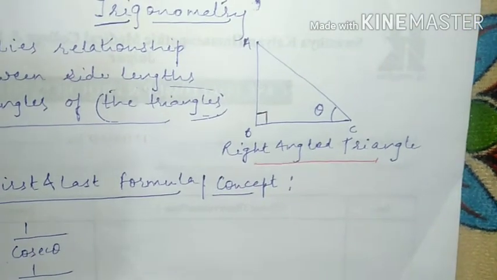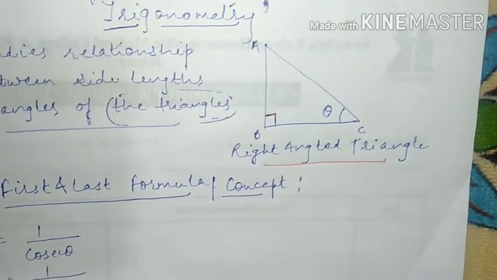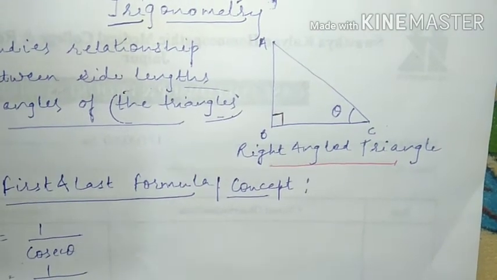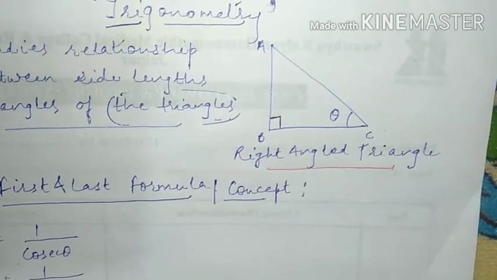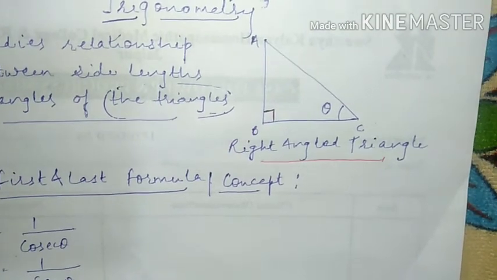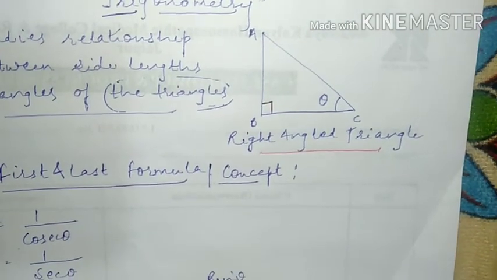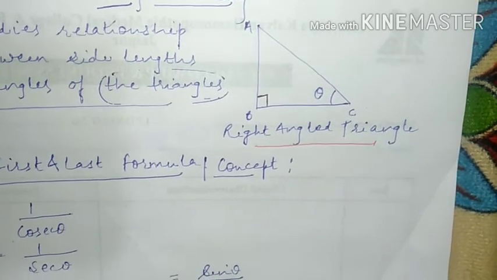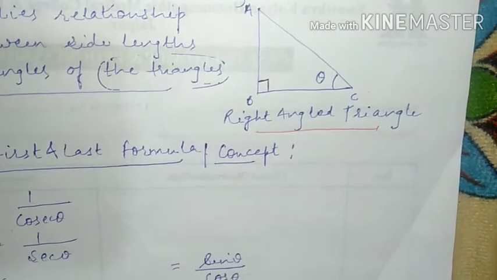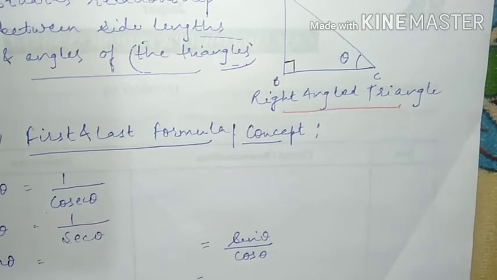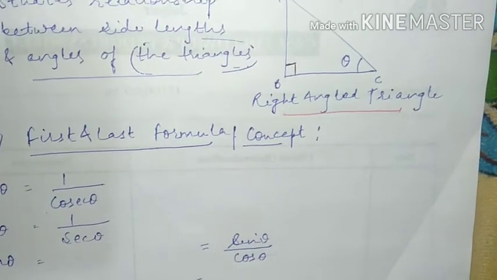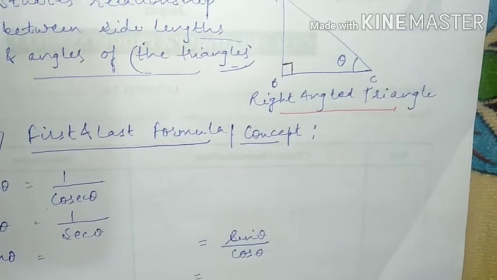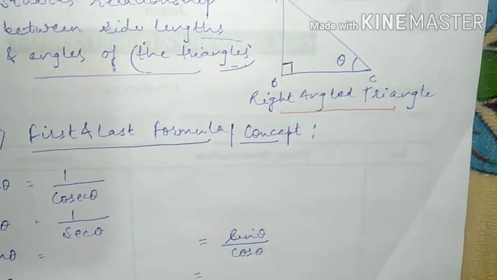So now moving to the next point. We have been learning maths since childhood, so we know that in maths we always get formulas in chapters. So similarly in this chapter we have so many formulas. But don't worry, we need not learn those formulas.